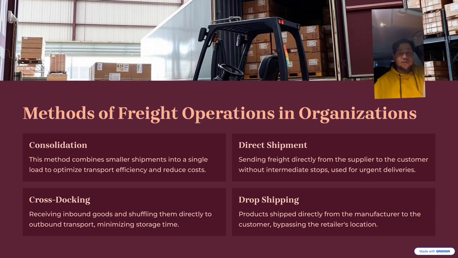The number 3 is cross-docking, receiving inbound goods and shuffling them directly to outbound transport to minimize storage time. And the number 4 is drop shipping, where the product is shipped directly from the manufacturer to the customer, bypassing the retailer location.